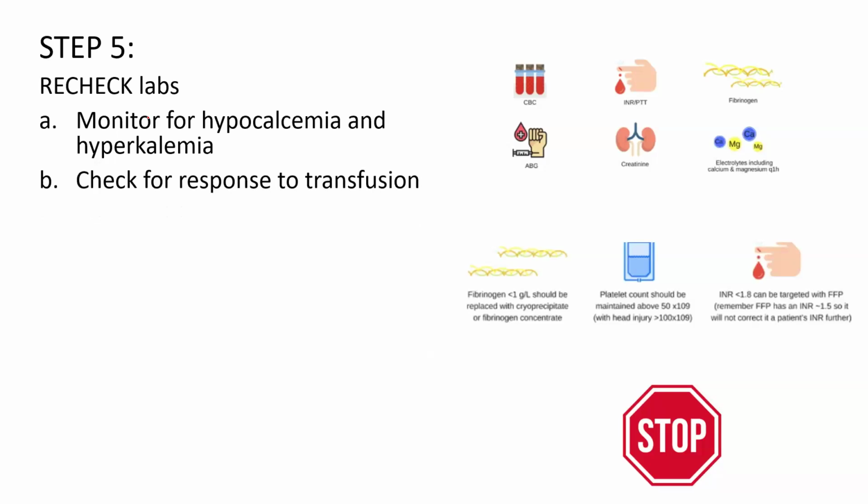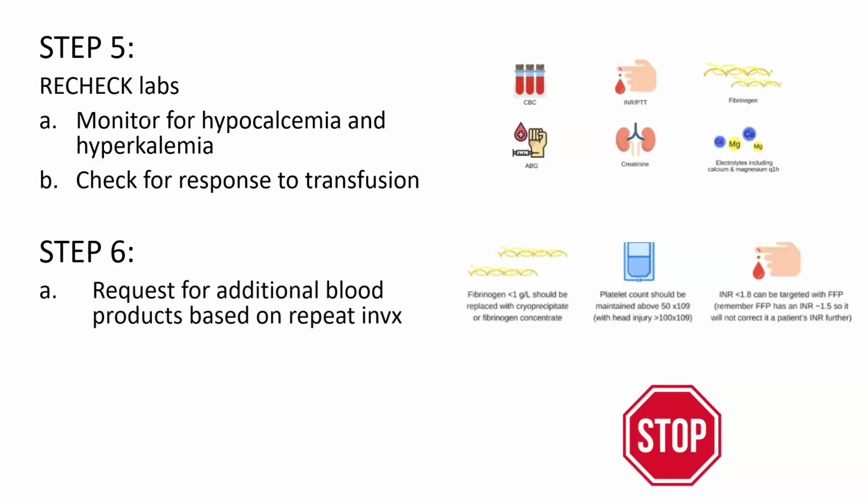Majorly, because you're giving blood products, potassium and calcium should be checked. Along with that, check your renal function and arterial blood gases. Okay. Whenever you see that your targets have been achieved, you need to stop the MTP. Anytime you feel that the fibrinogen is less, you can use one of those concentrates or cryoprecipitate.